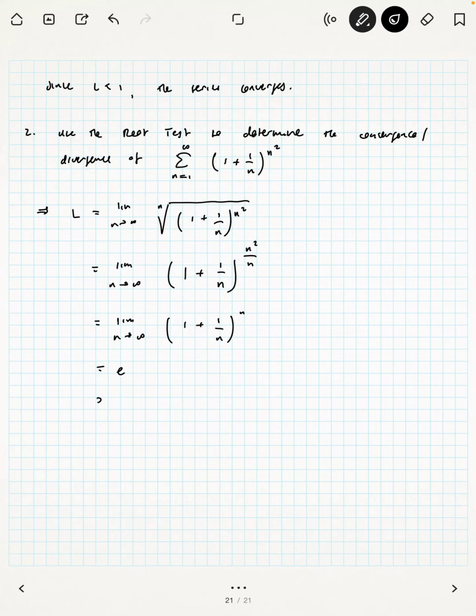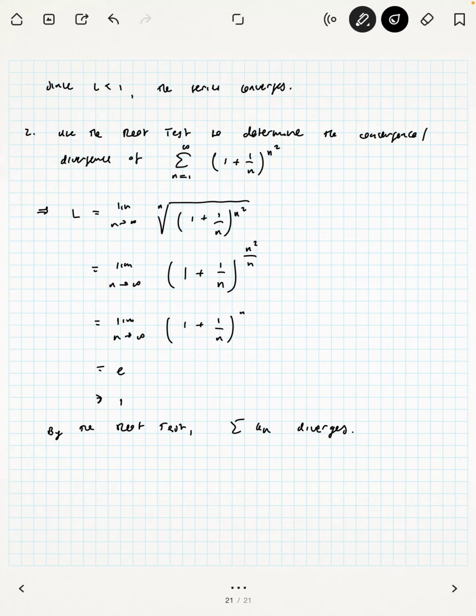Oh, look at that. Well, we know what this sequence converges to. And this is e. E, the real number, Euler's number, is greater than 1. By the root test, this series diverges.